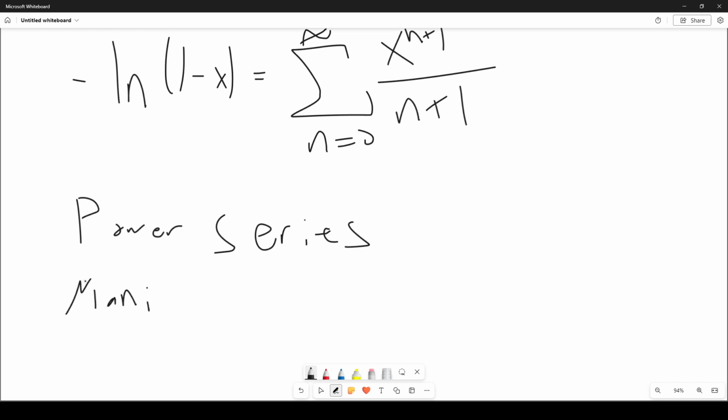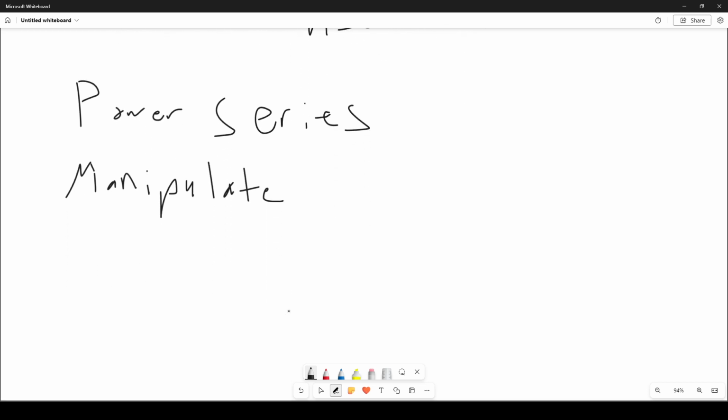This is a very important part of learning this topic, is not only learning the important series like 1 over 1 minus x, e to the x, etc., but also learning how to manipulate them, how to plug in 2x, or take the integral of it, or take the derivative of it even. And then finally, how to find the radius of convergence, which is kind of the final important question, right?